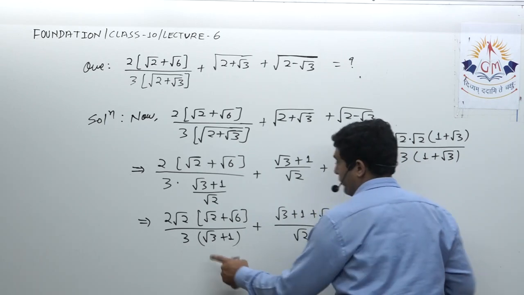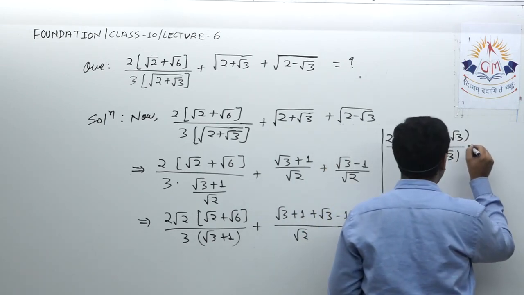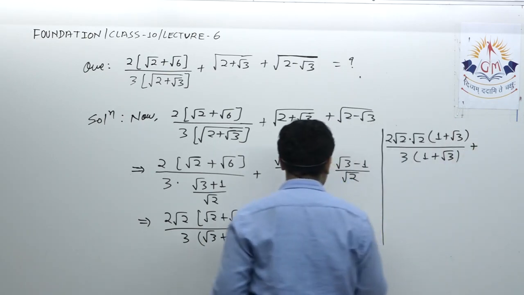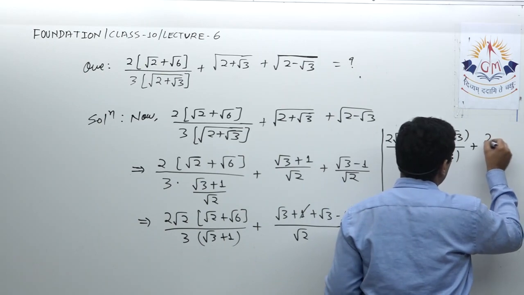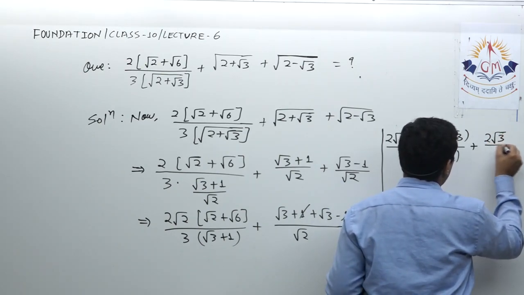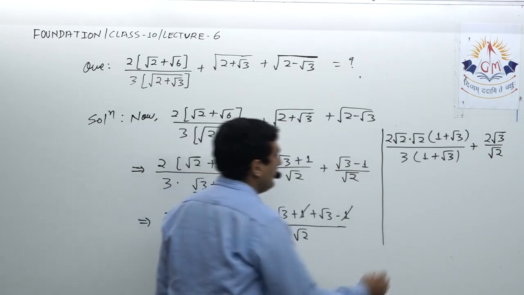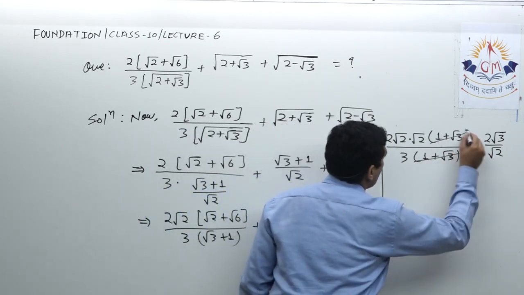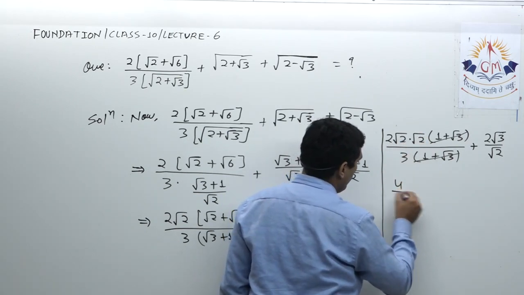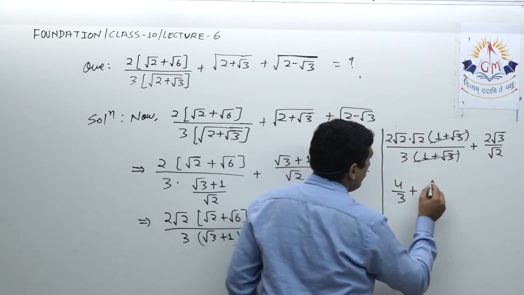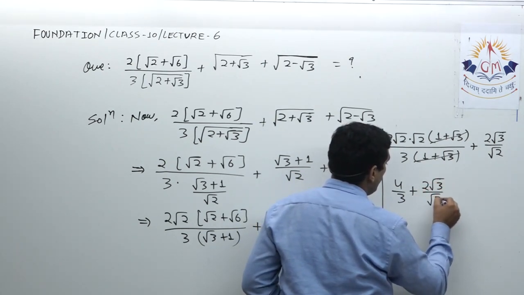Whether I write root 3 plus 1 or 1 plus root 3 is the same thing. Now over here this minus 1 plus 1 cancels, so 2 root 3 upon root 2. Now over here this 1 plus root 3 and 1 plus root 3 will cancel out. 2 into root 2 into root 2 is 4. So 4 upon 3 plus 2 root 3 upon root 2.